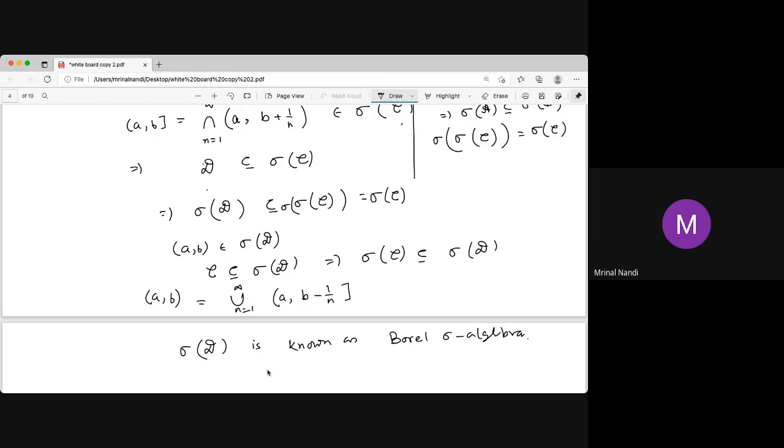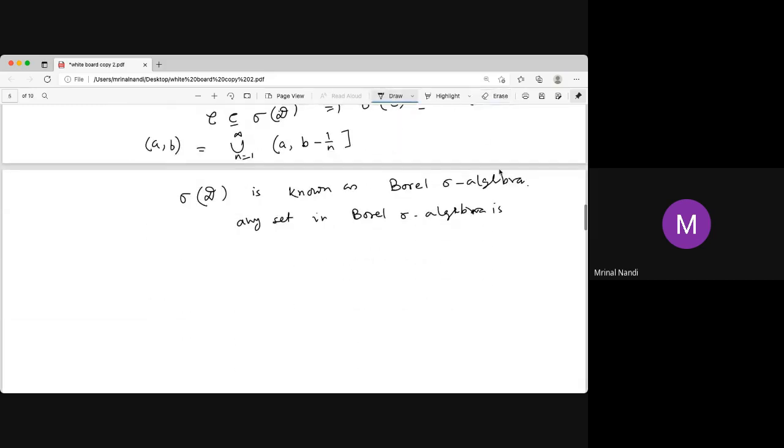And any set in the Borel sigma algebra is known as a Borel set.